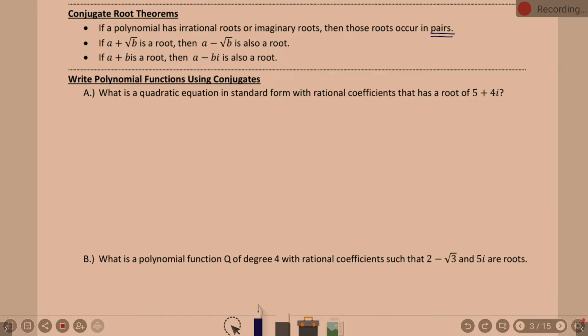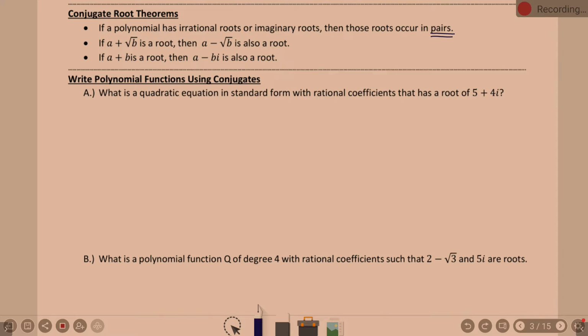I don't know if I've used the term conjugates before. I've used it in one of my classes this year, but I don't know if it was Algebra 2 or pre-calc. The idea is a conjugate: if a plus square root of b is a root, then we know that a minus square root of b is a root. Notice it's the same piece, just the sign in front of the radical is opposite. Same thing with imaginaries.